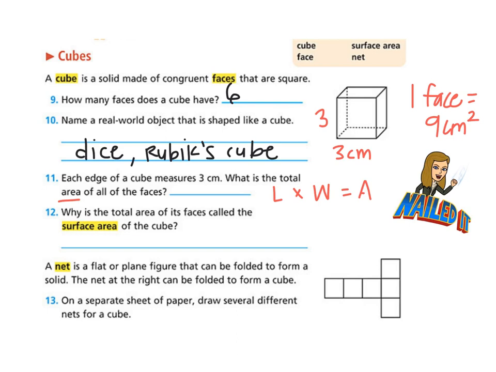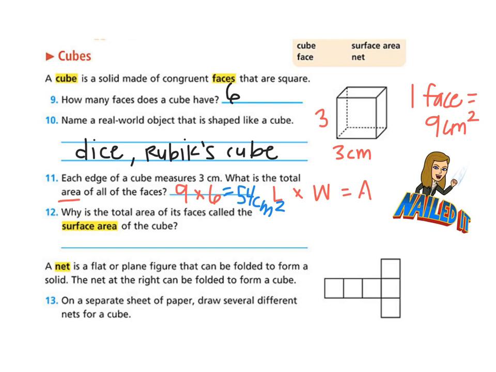Now the question here asks me, what is the total area of all of the faces, not just one face? So if one face is 9 centimeters squared, and all 6 faces on a cube are exactly the same size and shape, I could take 9, the measure of one face, times 6, the total number of faces on our cube, to find out the area of all faces, which would be 54 centimeters squared.